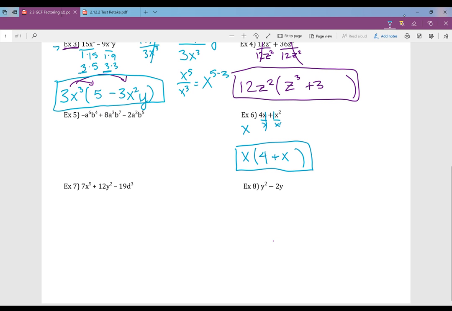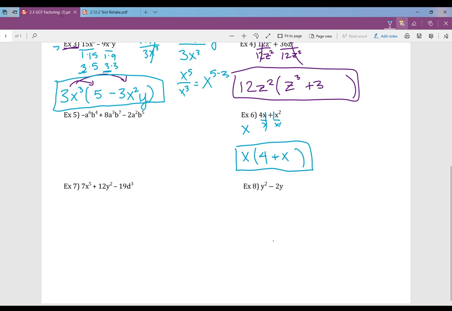For example number 7, if we look at our numbers, they don't have anything in common, right? 7, 12, and negative 19. 7 and 19 are prime numbers, so they don't have any factors besides 1 and itself. So since the numbers don't have anything in common, we need to look at the variables, but the variables also don't have anything in common, right?